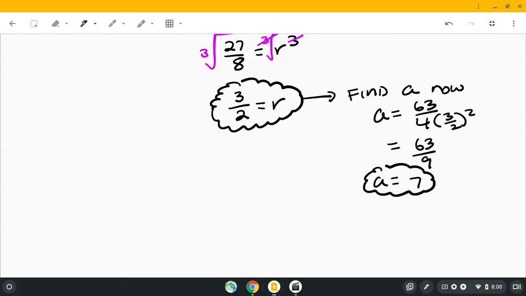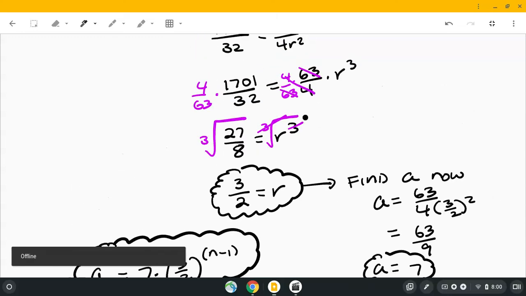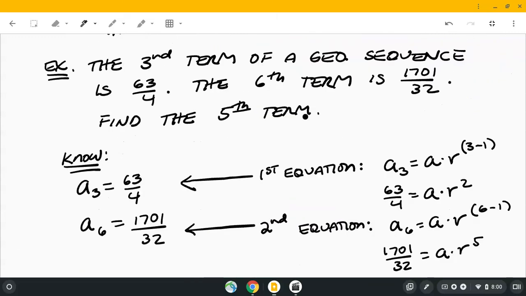So now I have my a, now I have my r, so then I can write my nth term formula. So an equals a times r to the n minus 1. Okay. So now that I have my nth term formula, I can find what they're asking me to find. What are they asking me to find?